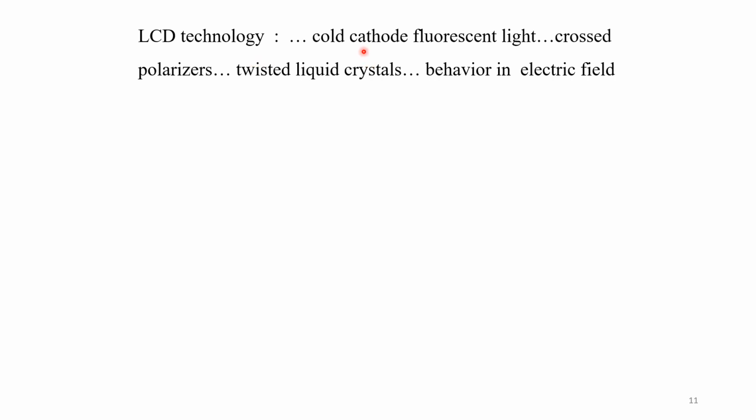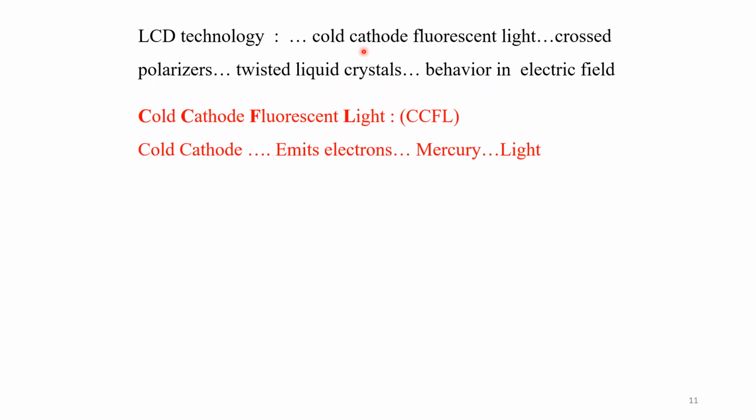The thing is what is known as the cold cathode fluorescent light. We have crossed polarizers between the two. The twisted liquid crystals are going to behave in a different way in the presence of the electric field. This cold cathode fluorescent light is usually represented as CCFL.